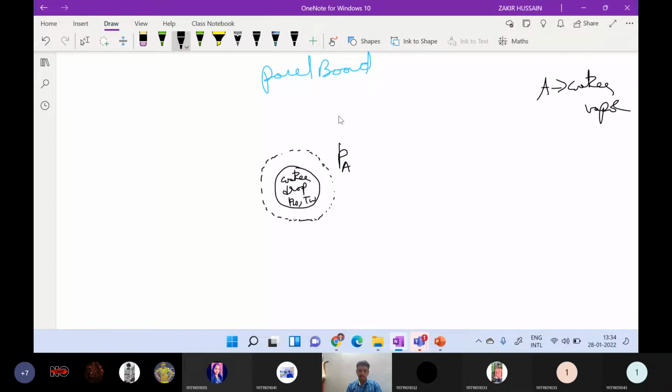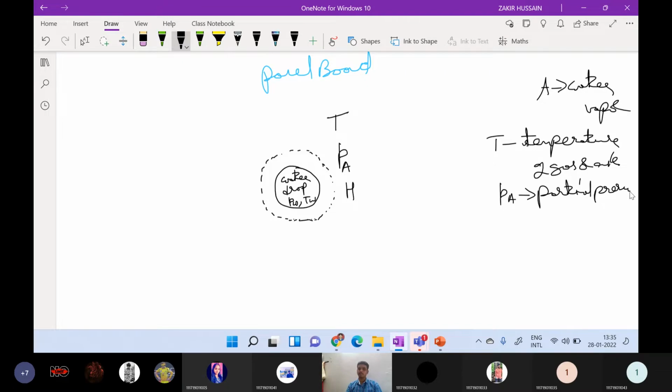So this air will have a temperature of T and it will possess some humidity. T is the temperature of the gas or air. PA is the partial pressure of water vapor in the air.